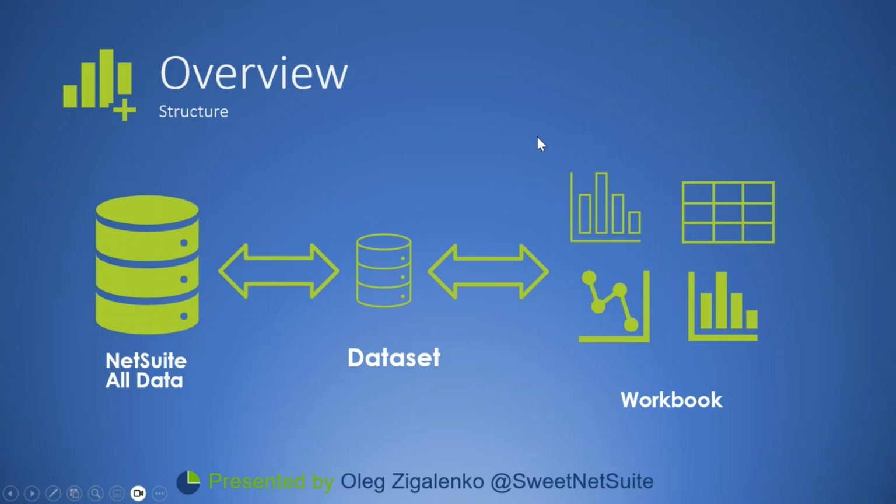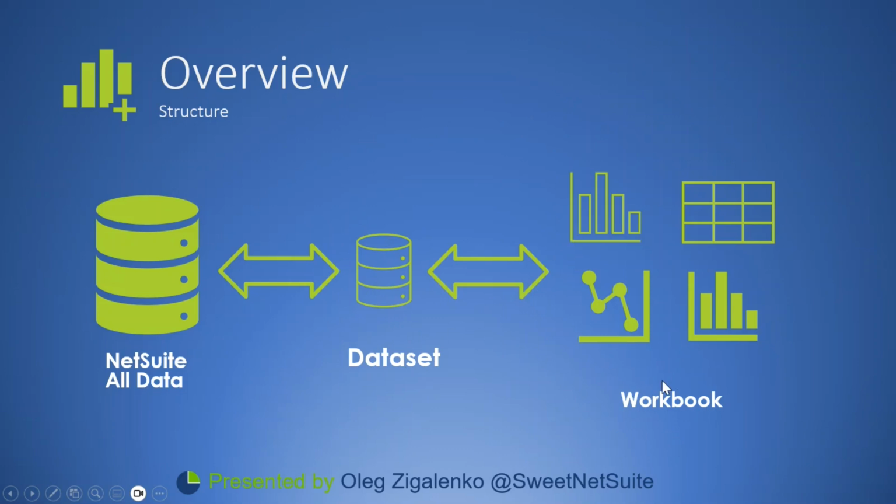While when you build searches inside of NetSuite, you do them all together right away. But in workbooks, you build this data set first. You filter your data, you put in here what you want to use later in your workbook. And once you're satisfied with your data set, you save it, and then you start building your workbook, extracting the data now from the data set.